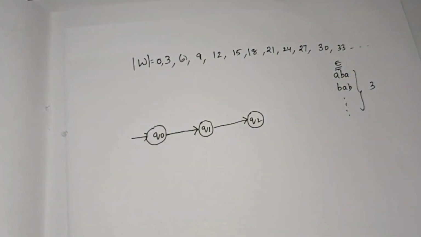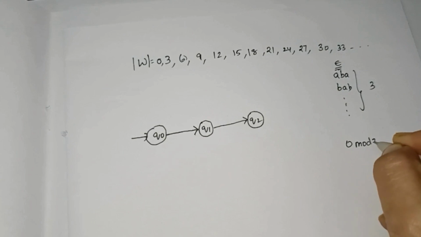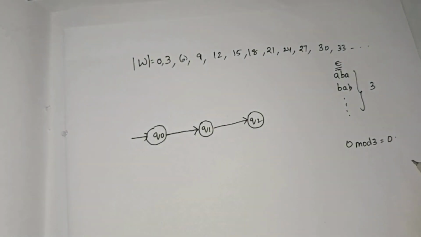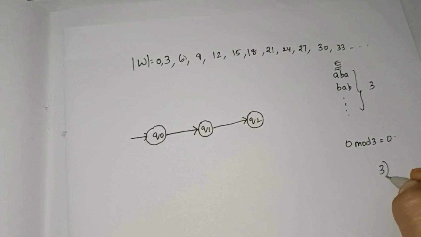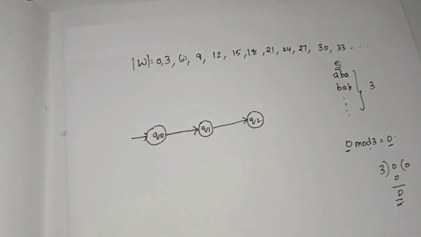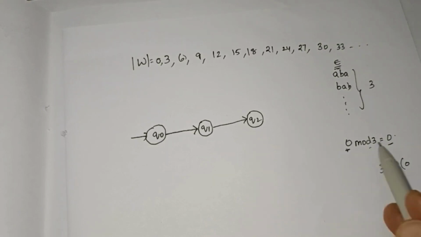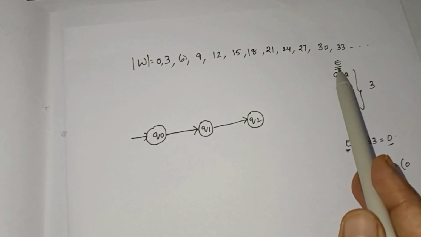This is the very basic string. Okay, so 0 mod 3, if you take, it is 0. Right? See, 3 zeros are 0, so I got 0. So hence 0 mod 3 is also 0. So if the length of the string is epsilon, then also our DFA should accept. The very basic string is epsilon.